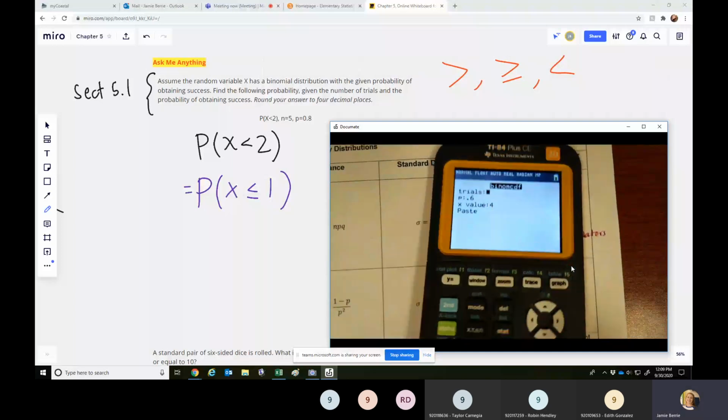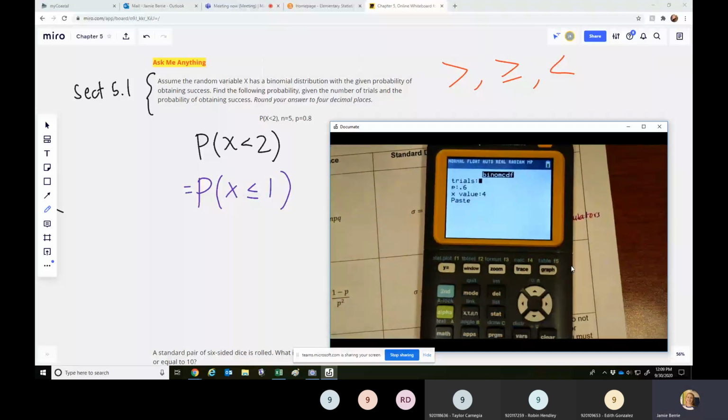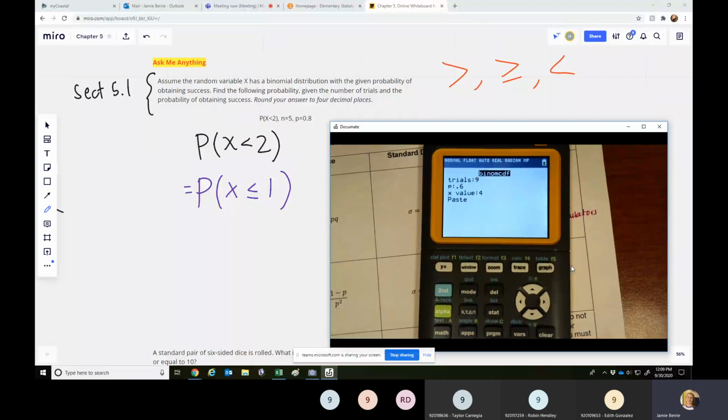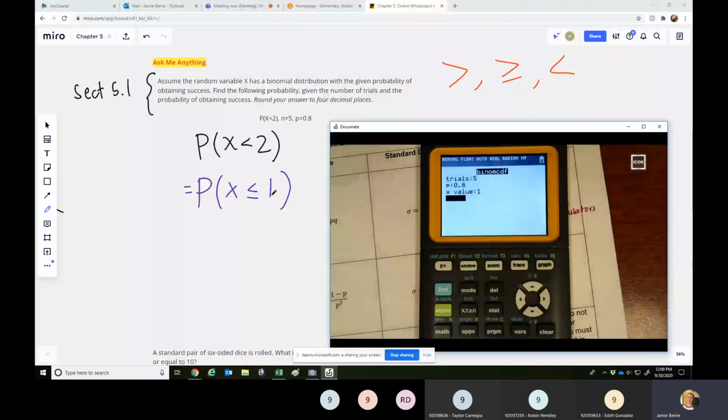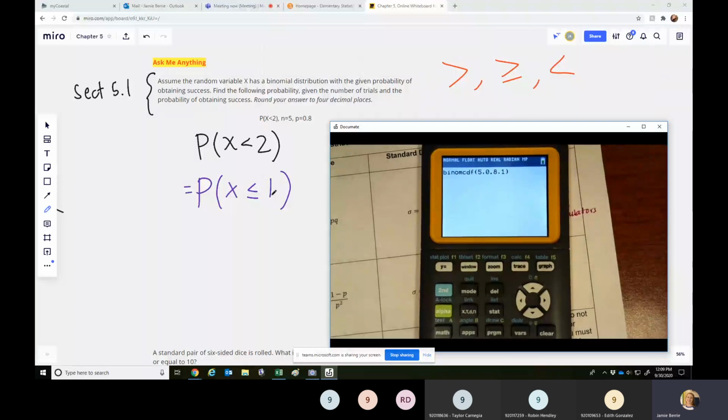So hit enter. Mine comes up with this additional screen where I type in the trials, the probability of success, and my x value. But you may have to type this in manually. My number of trials is 5. Probability of success is 0.8. My x value is 1. So if you type this in manually, this is what you should have.